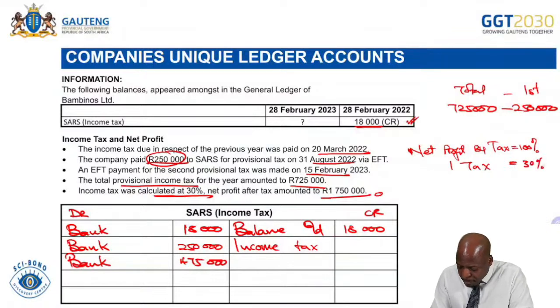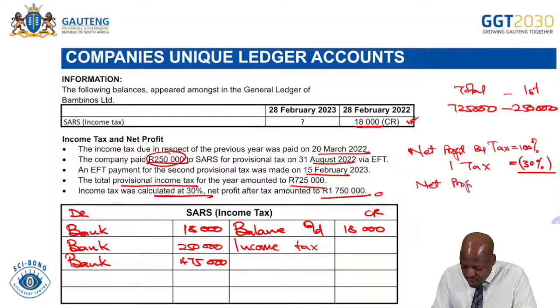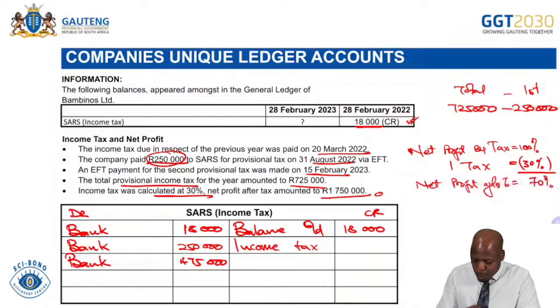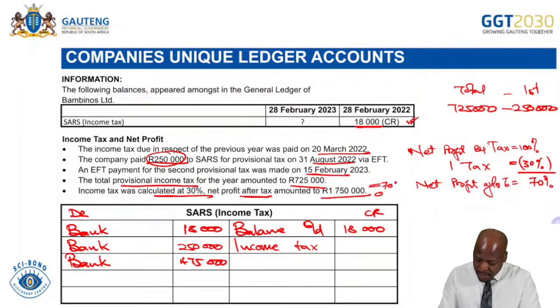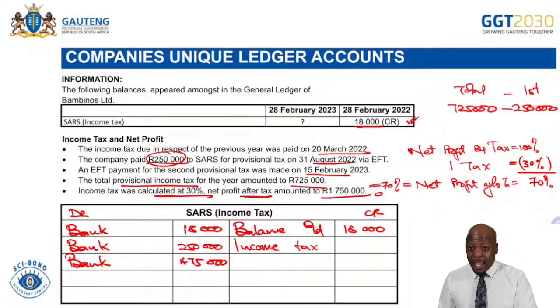Remember we subtract this income tax such that we remain now with what we call net profit after tax, which is 70%. So net profit after tax is 70%. That means this 1,750,000 is not net profit before tax, because they told us this is net profit after tax. So as a percentage, what is it? It is 70%.